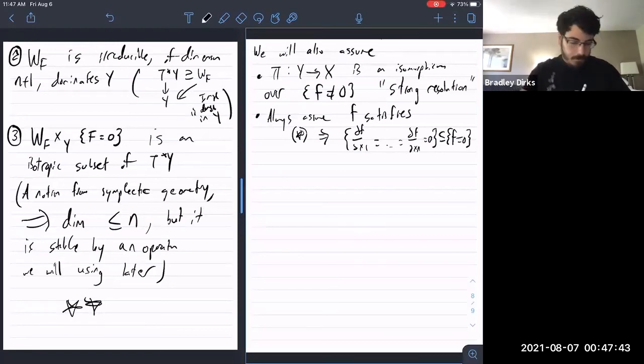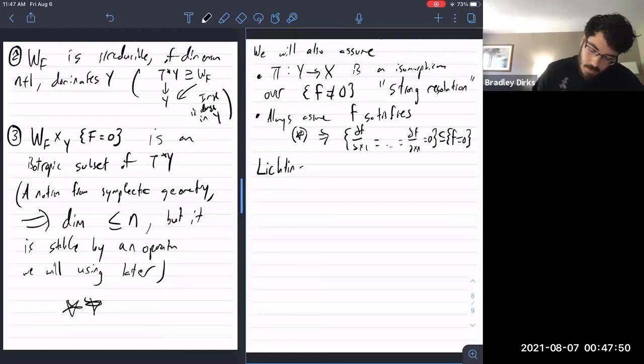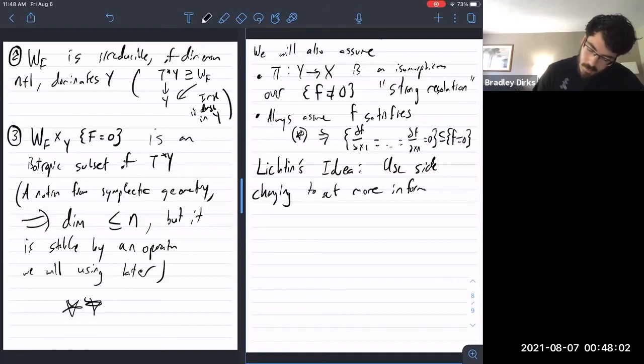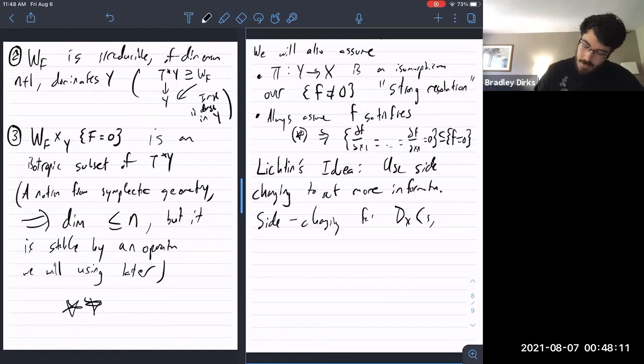Okay, great. And now this next section is Lichtin's idea, which is to use side changing to get more information. But we need to talk about side changing for these D_X[s] modules.